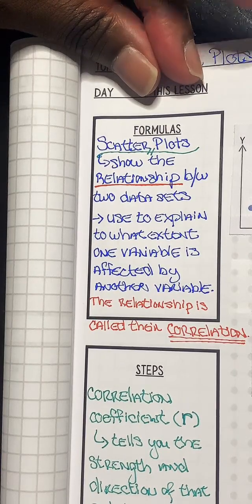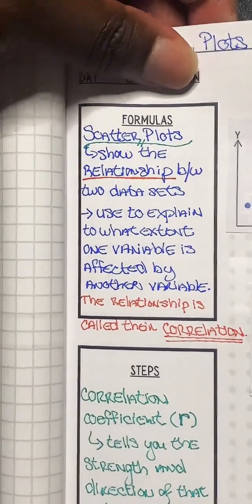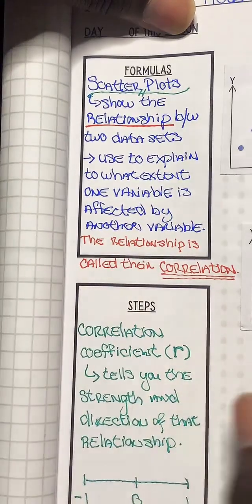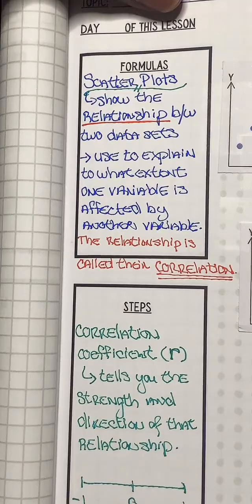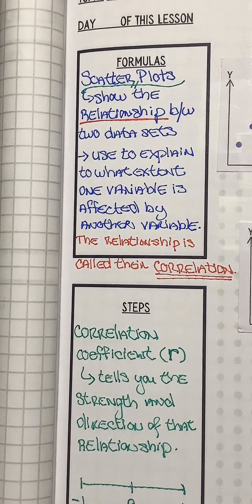So there's always some kind of correlation. We're basically looking at how one variable is affecting the other variable. It could be a positive effect, it could be a negative effect, it could have no correlation whatsoever. So no matter what, there's always going to be something happening.